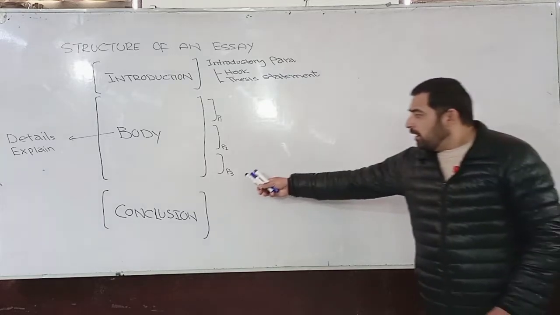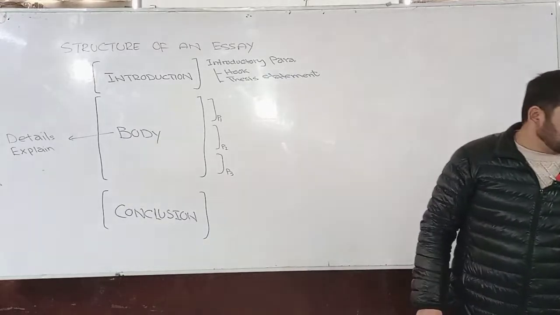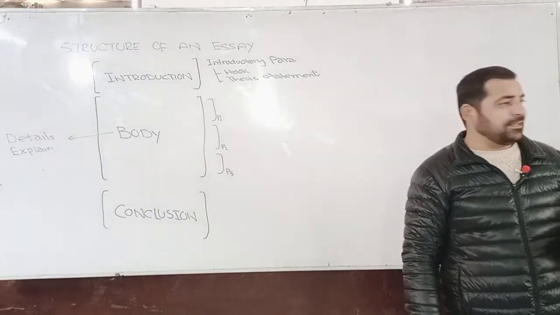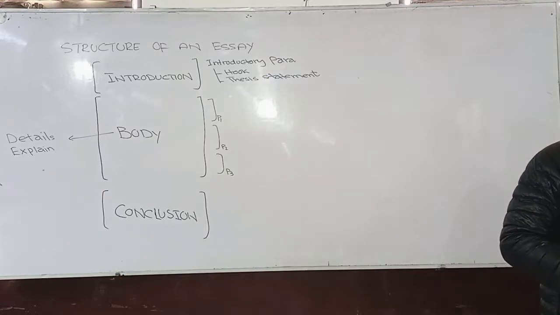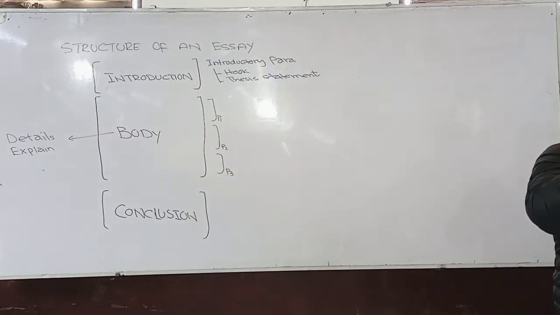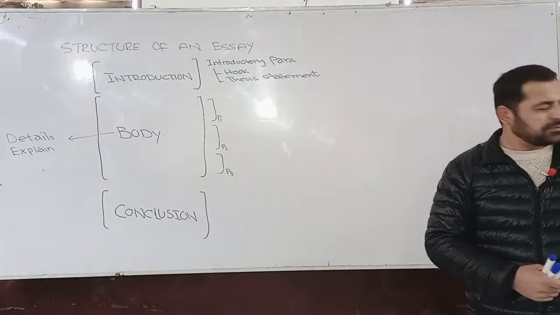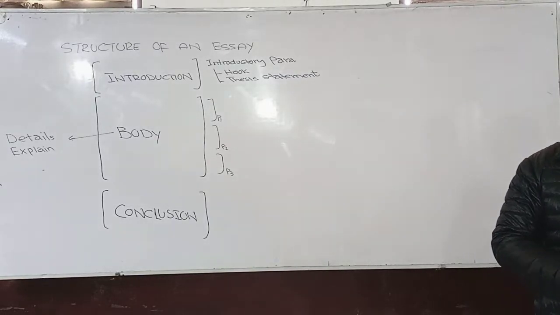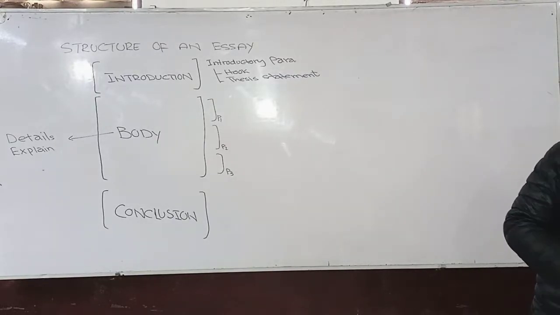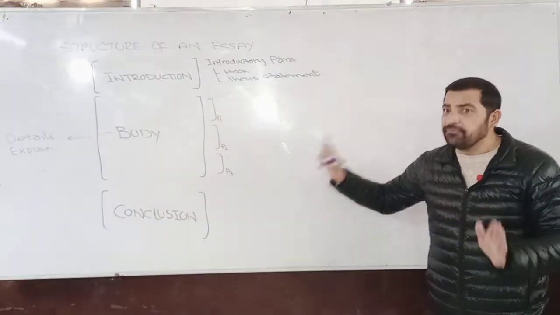So ideally, for a college essay, we are going to write an essay of almost 320 to 350 words, or let's say 300 to 350 words. So 3 paragraphs are fine.